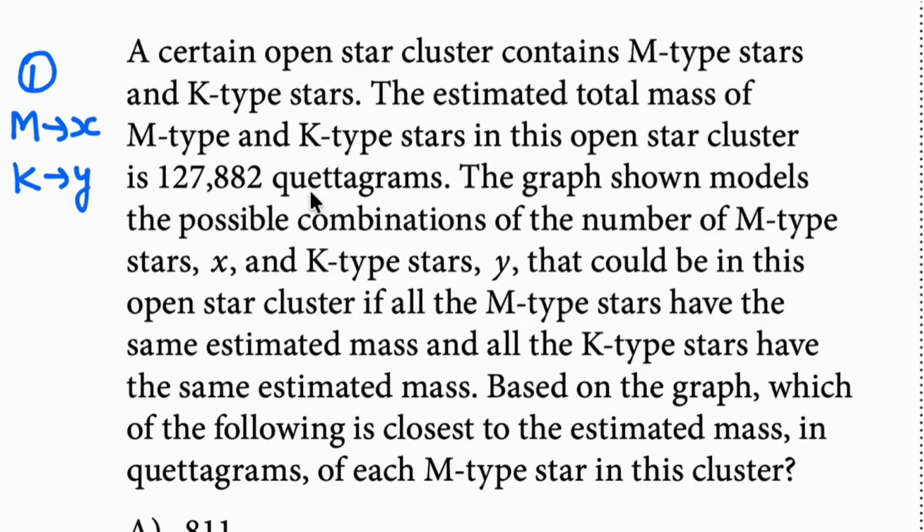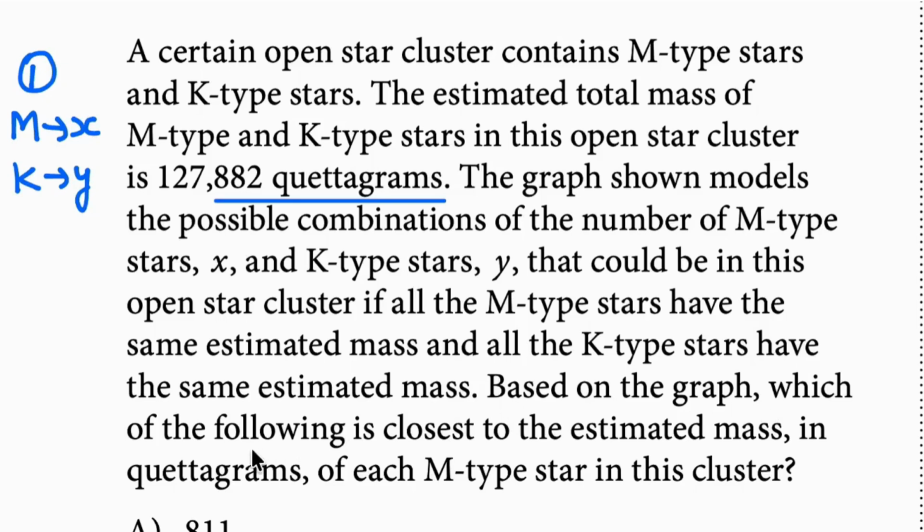But here, the information is about mass. There is no information in the graph about mass. So this is something extra. But yes, it's a piece of information. Let's keep it aside. Okay, all the M-type stars have the same estimated mass and all the K-type stars have the same estimated mass. That means every K star and every M star has the same mass, right?